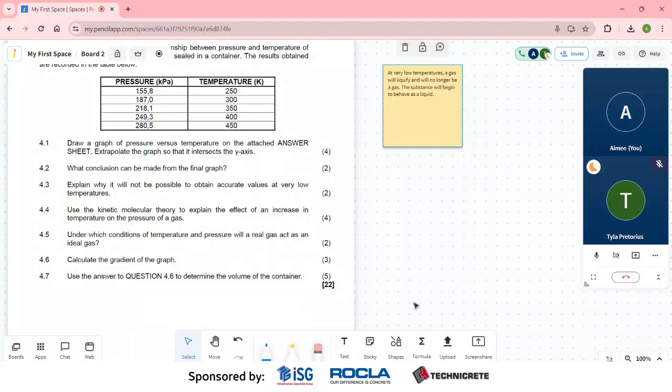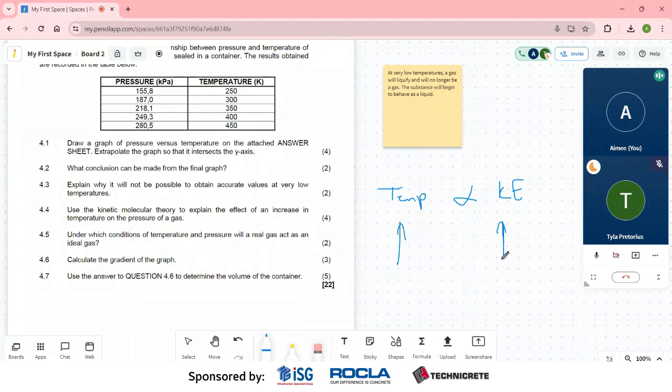Remember that temperature is directly proportional to kinetic energy, which means that as temperature increases, kinetic energy increases.